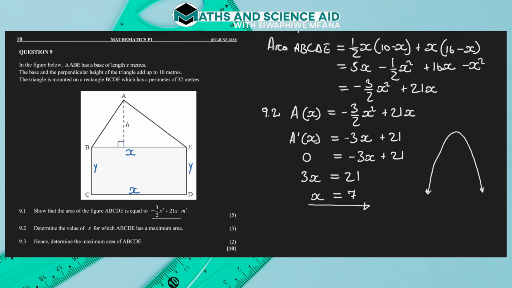And so if this graph here is the graph for the area of this figure, we see that the area of this figure would be a maximum at the turning point of this parabola. So whatever the value of x is at that turning point, that is the x value which corresponds to the maximum area for ABCDE.